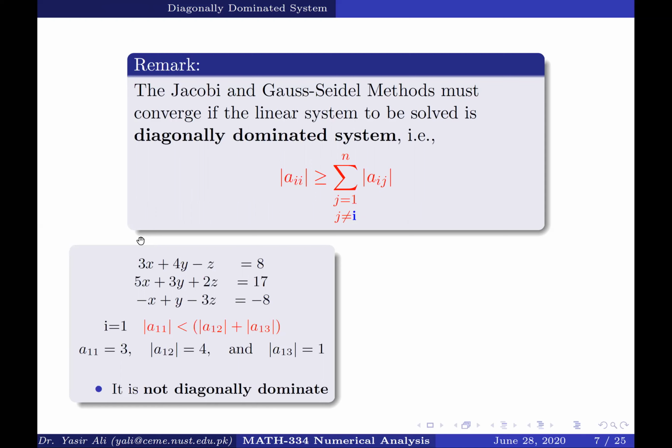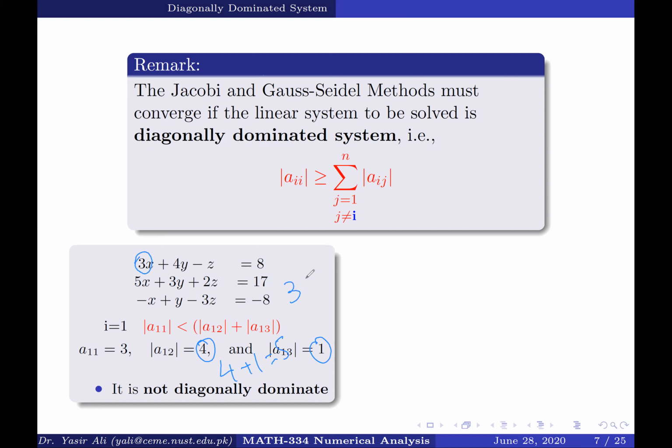We can see that the sum of the absolute values of A12 and A13, 4 and 1, is 5, whereas the diagonal entry in this case is 3.